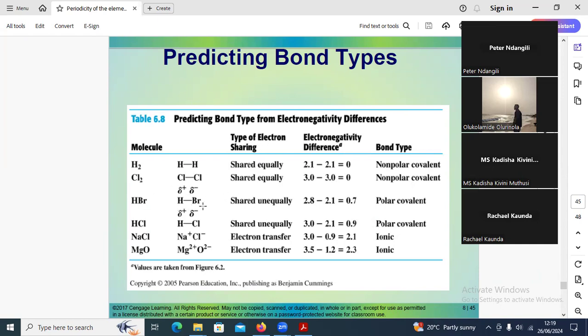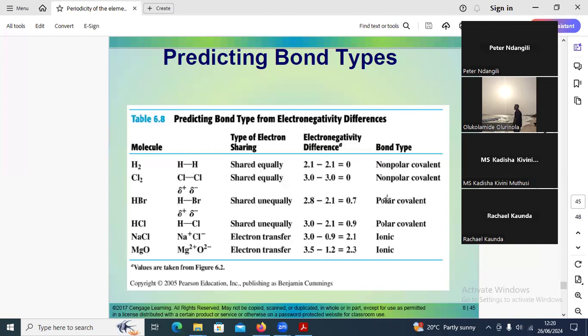Look at hydrogen bromide. You have a partially positive for hydrogen, partially negative for bromine. The electrons are going to be shared unequally because they are going to be closer to bromine than they are to hydrogen. And when you get the difference in the electronegativities, you're going to get this value here.